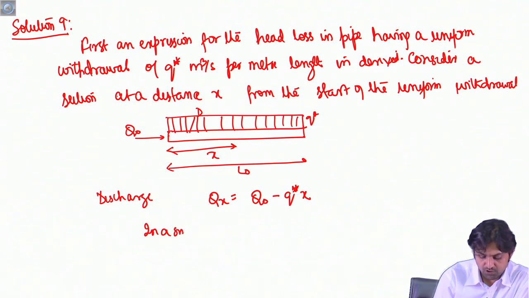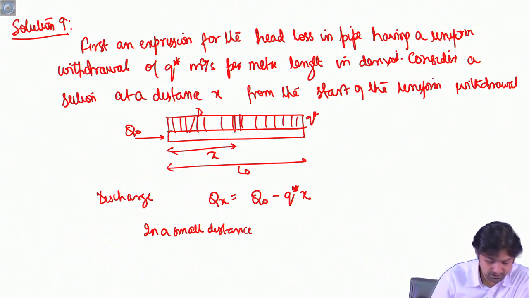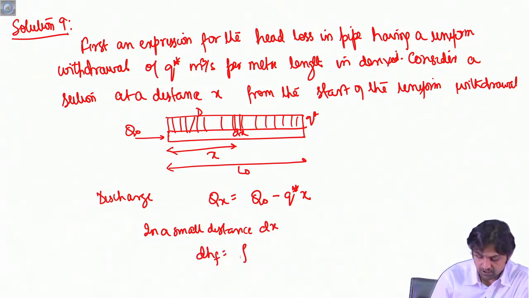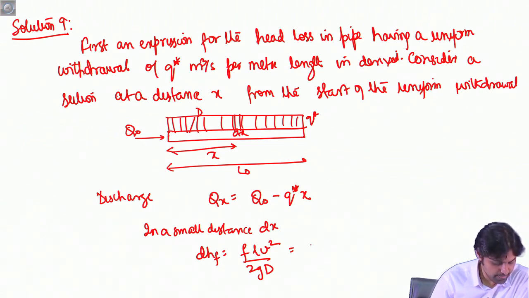So in a small distance dx, at x we assume a small distance dx here, the head loss is going to be f L V square by 2 g d, right? Or instead of V we write Q, correct?